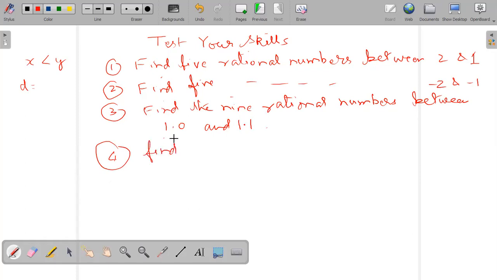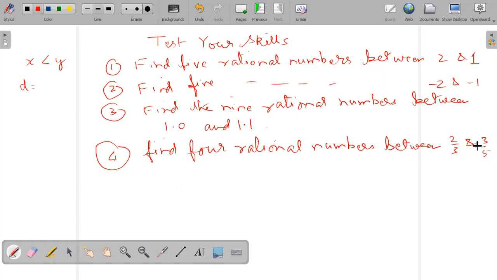Okay. And one more question. Find 4 rational numbers between 2 by 3 and 3 by 5.